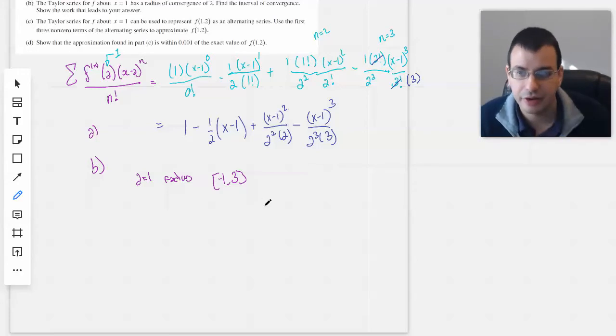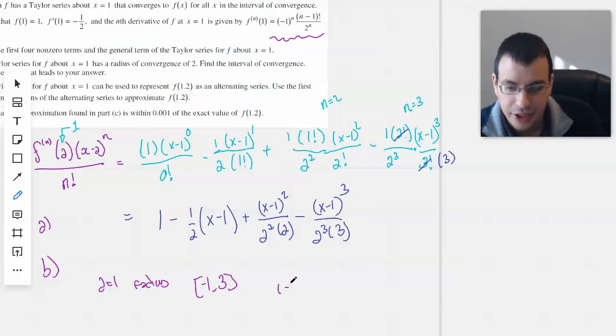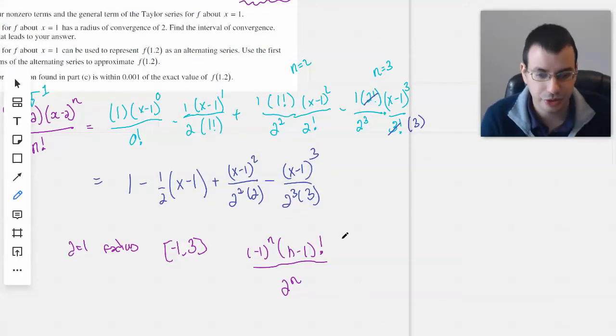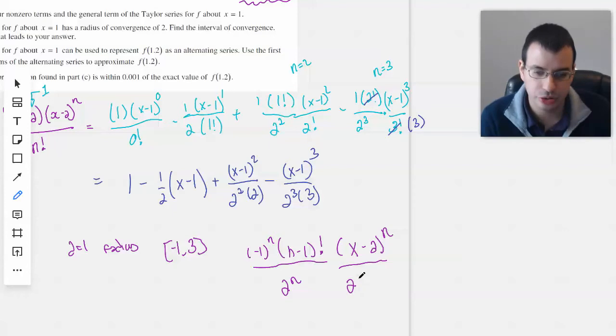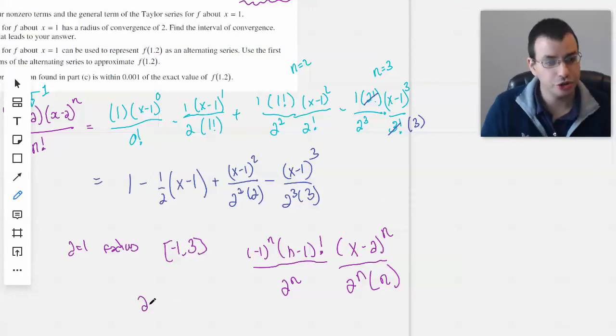So we have, let's do it this way, negative 1 to the n, (n minus 1) factorial, 2 to the n, and that gives us the derivative, and then we're going to want to do (x minus a) to the n all over 2 to the n, as we discovered down here, times n. And what they're trying to see is what a can be here.